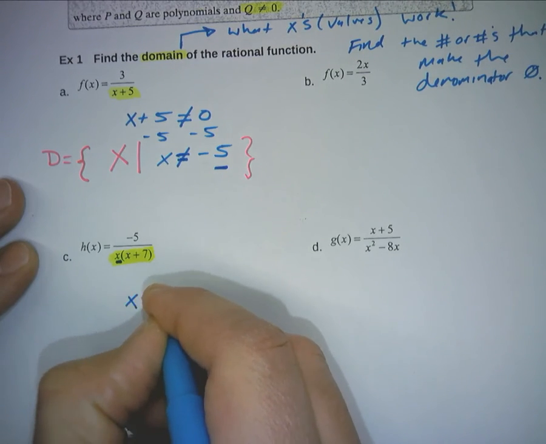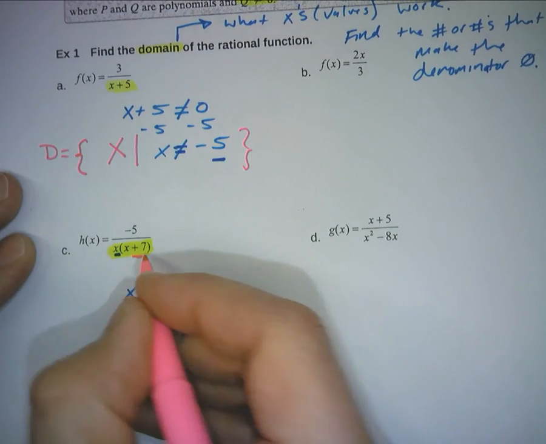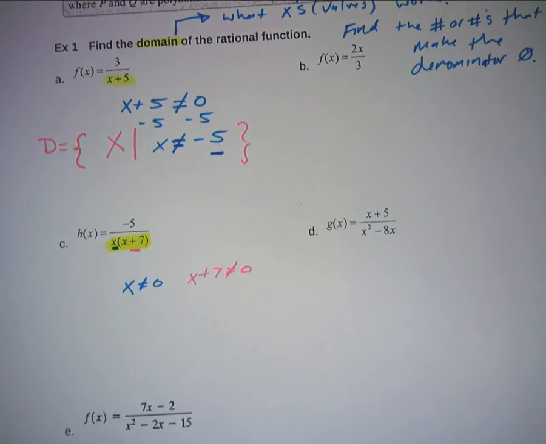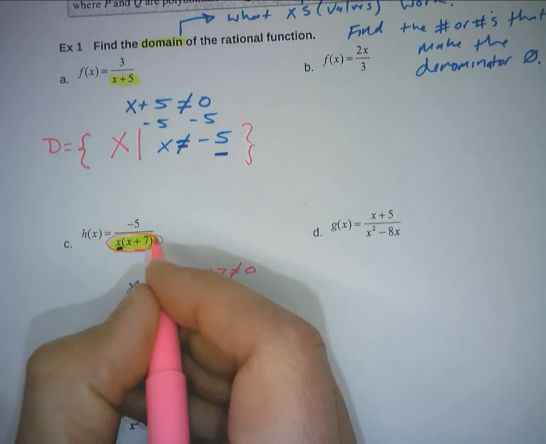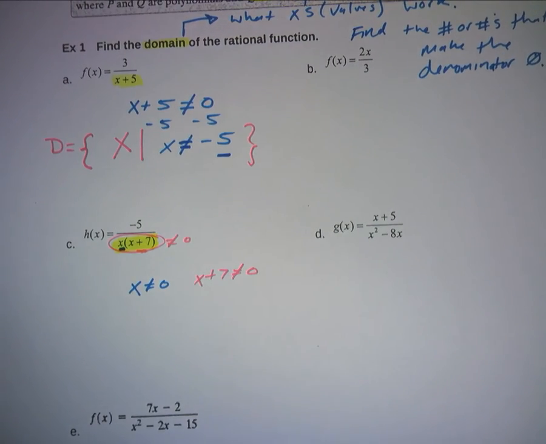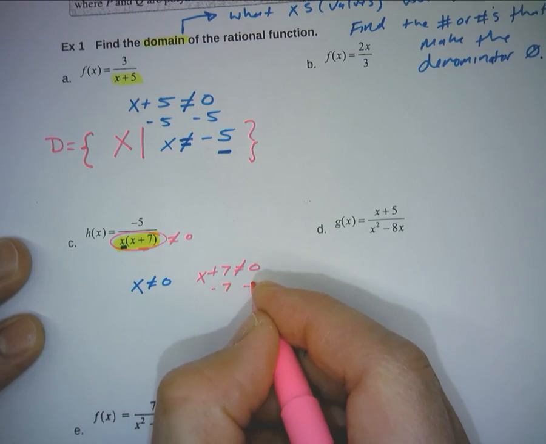Set that x equal to 0, and set this x plus 7 equal to 0. This whole thing cannot be 0. Set both of them equal to 0, just like we did in the last section. A lot of you were able to solve this on your own.